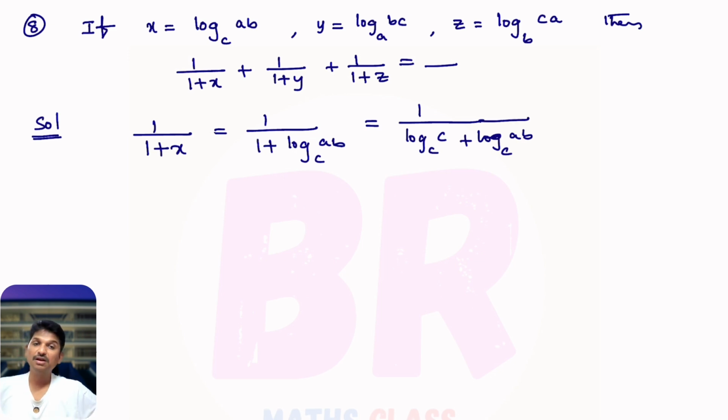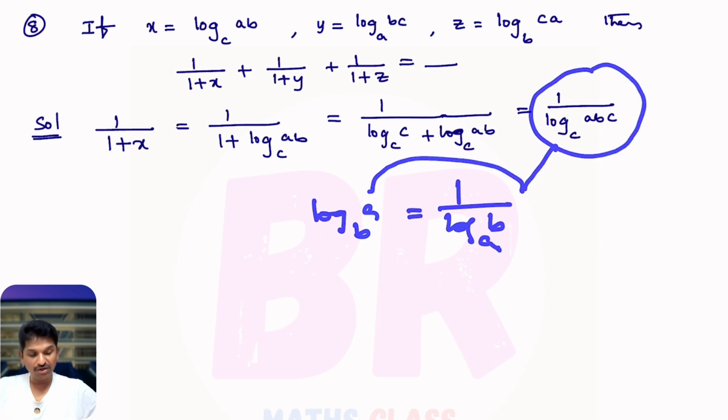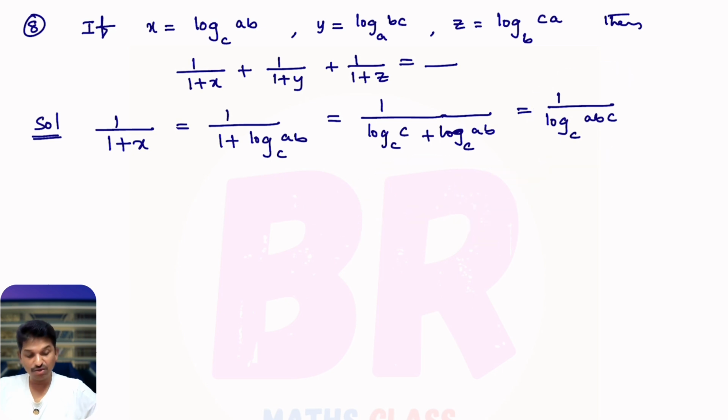Now you observe this denominator part, how it is log m plus log n. Log m plus log n is what? Logarithm of mn. So this is logarithm of ABC base C, right? You know this formula, log A base B equal to 1 divided by log B base A. So this is of this form. Convert into like this, then what you will get? This is log C base ABC.